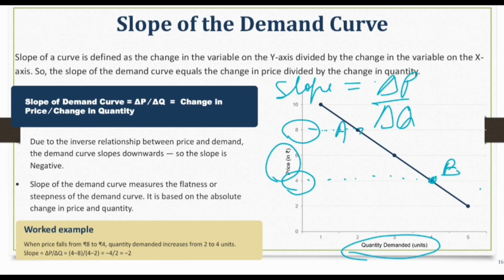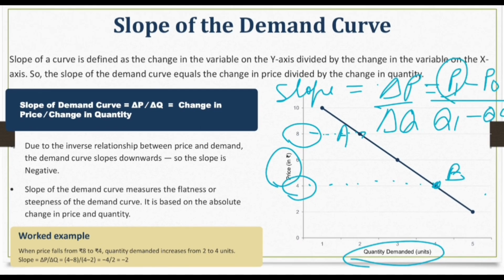So, how do we write the change in price? P1 minus P0 upon Q1 minus Q0, where P1 and Q1 represent the new price and the new quantity respectively, whereas P0 and Q0 represent the old price and old quantity respectively.